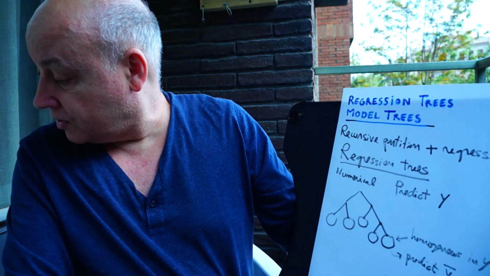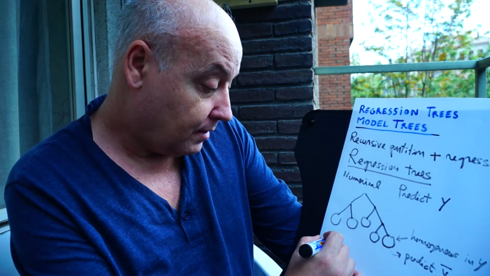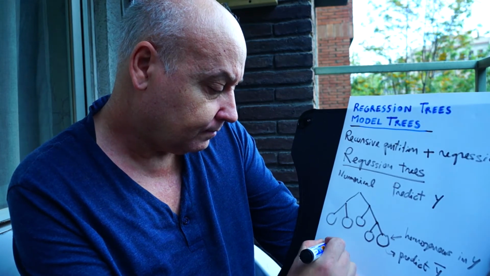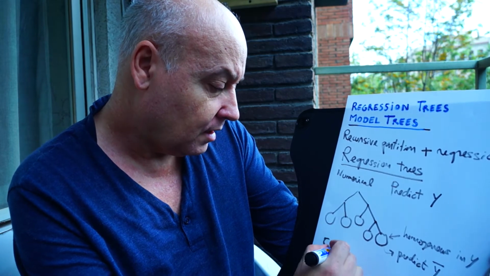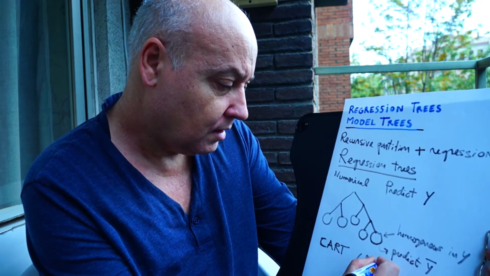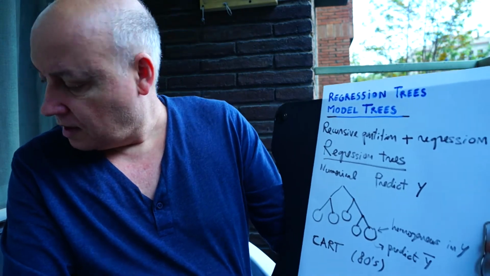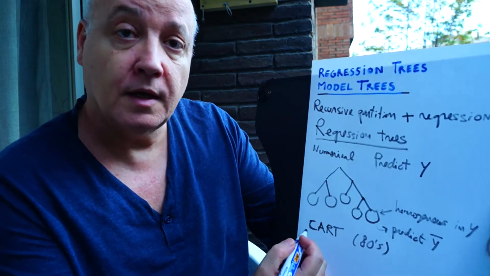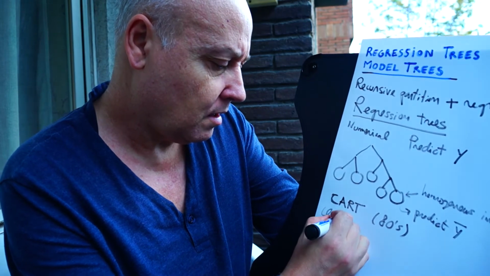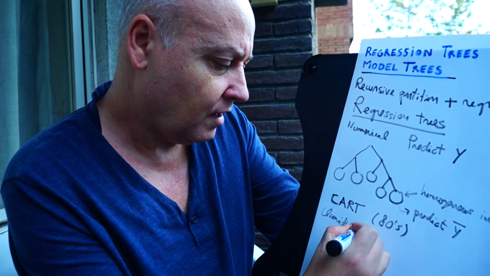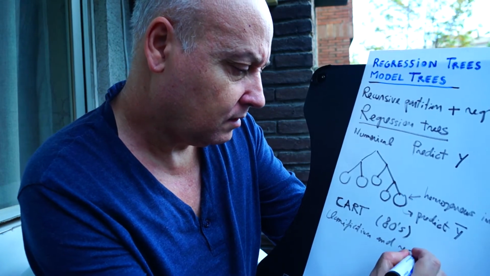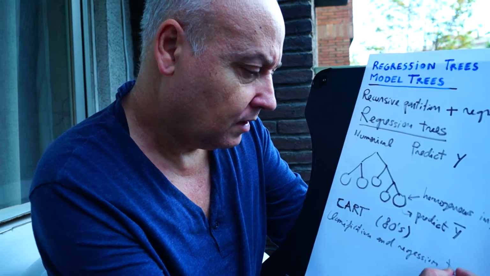The basic algorithm is called CART. This is from the 80s, and the meaning of the letters is classification and regression trees.